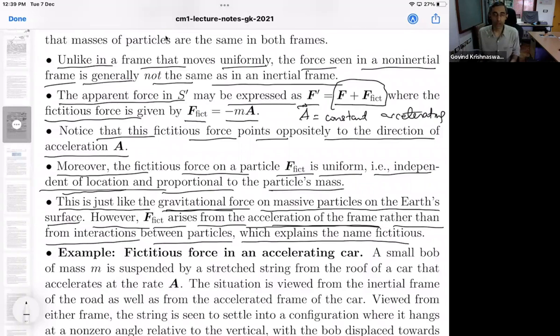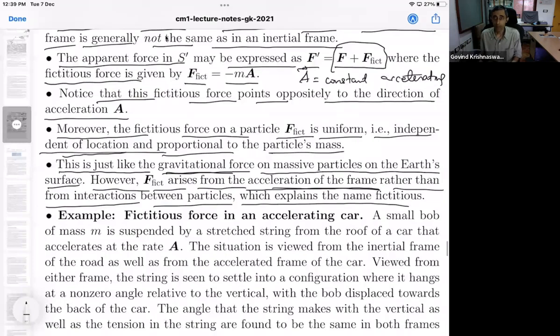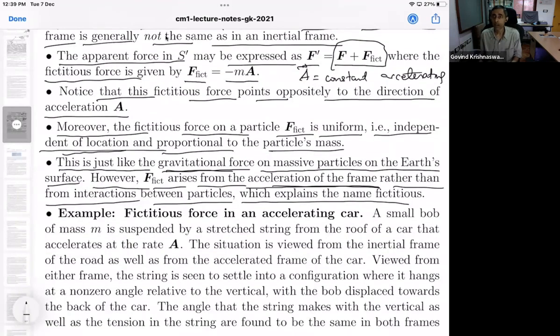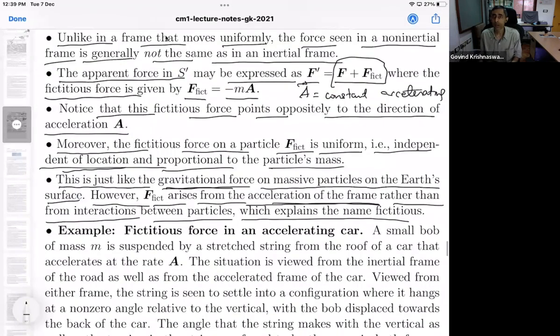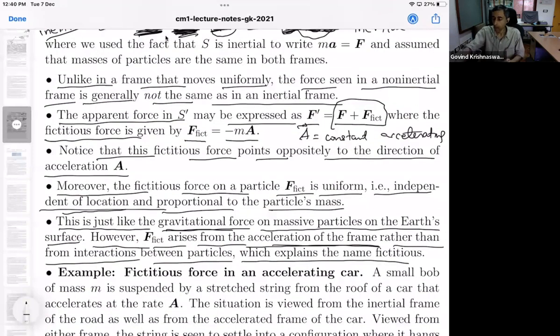But now we are going to look at the similarity between this fictitious force felt by a particle in a uniformly accelerated frame in a little more detail. Let us first look at it through an example. Any question about what we have written so far? If not, yes, please.